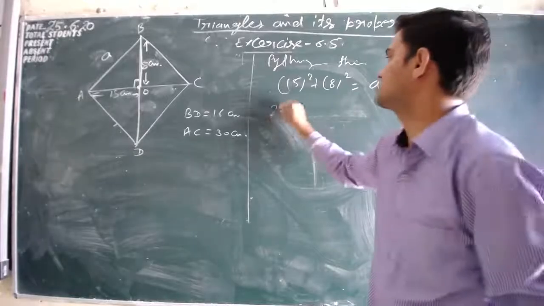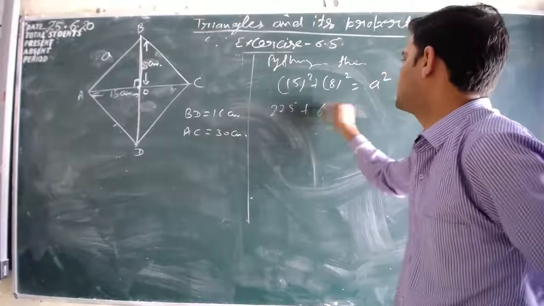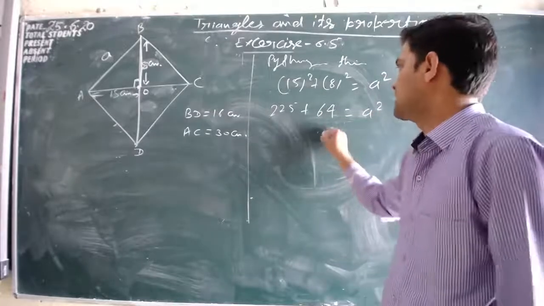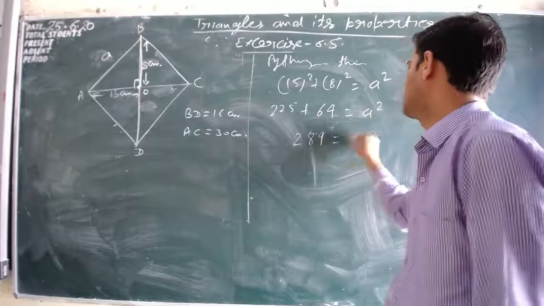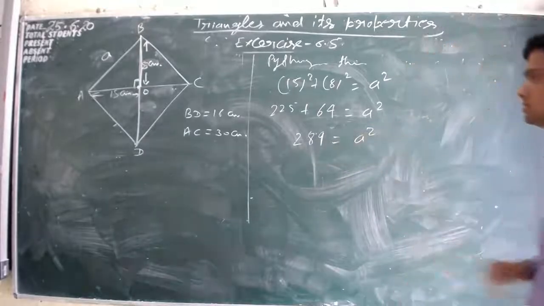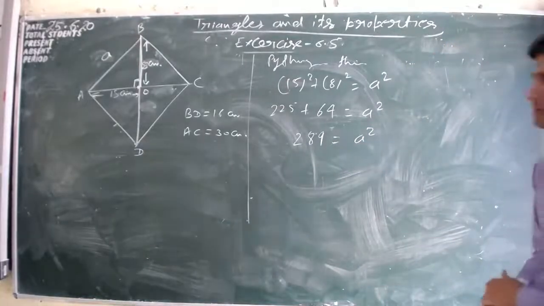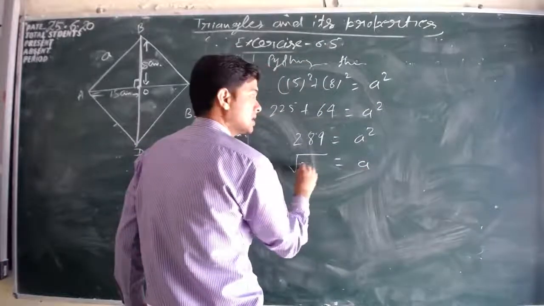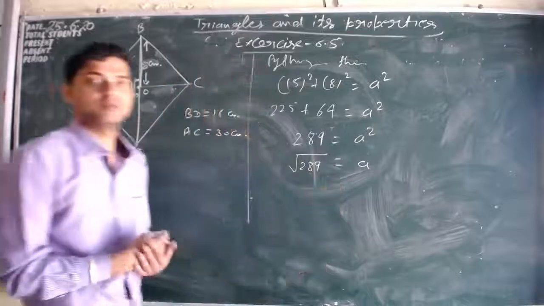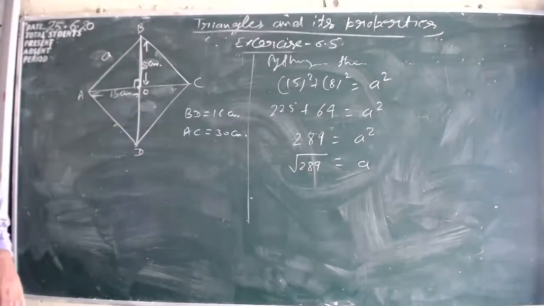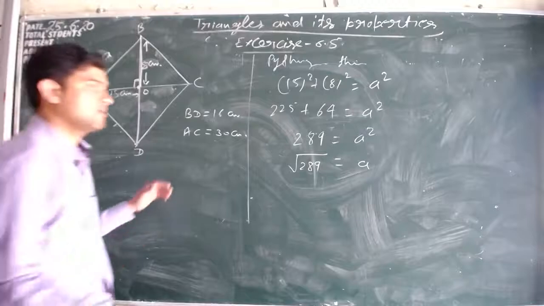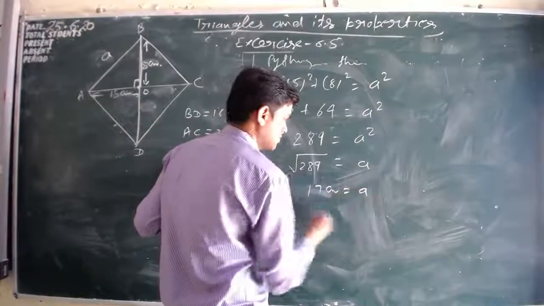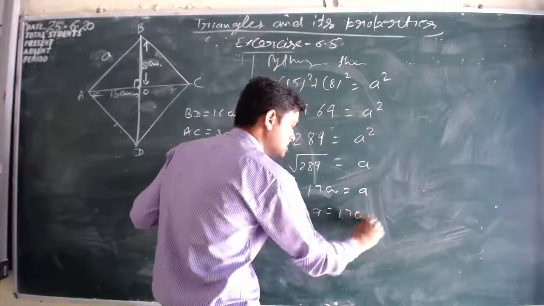It means 15 square is equal to 225, 8 square is equal to 64, and the addition of these two is 289. Now take the square root of both sides: a square becomes a, and what is the square root of 289? You know it is 17. A is equal to 17 centimeter.